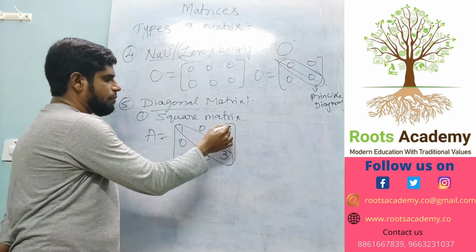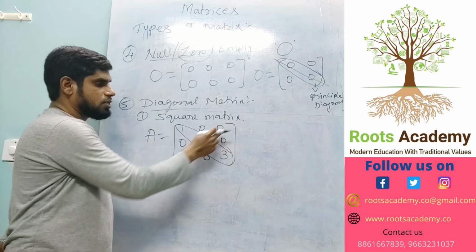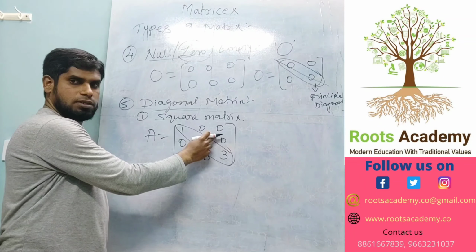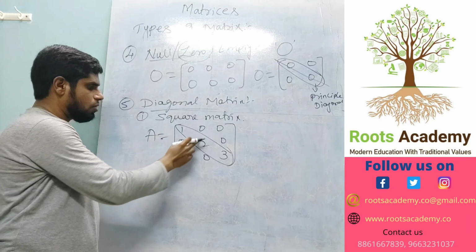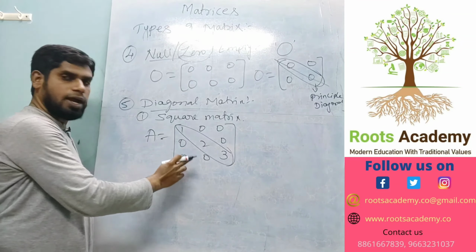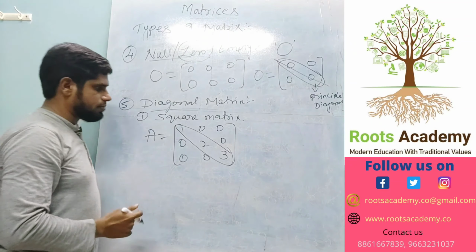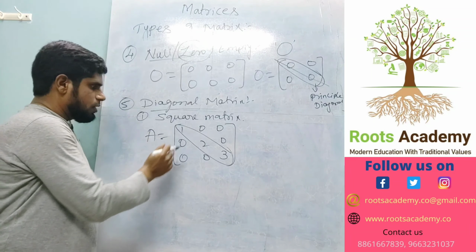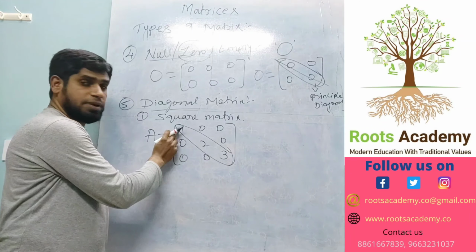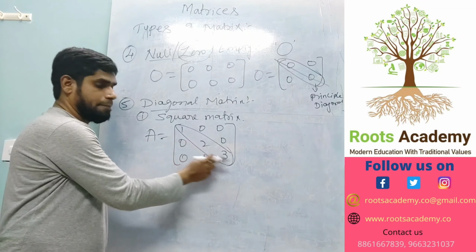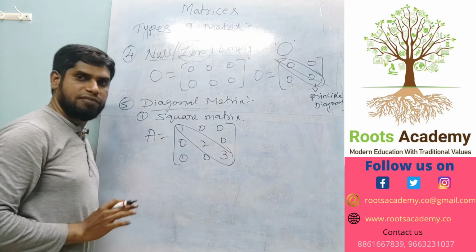In a matrix, the elements above the diagonal are called upper diagonal elements, and the elements below are called lower diagonal elements. In a diagonal matrix, the principal diagonal elements are in general different.